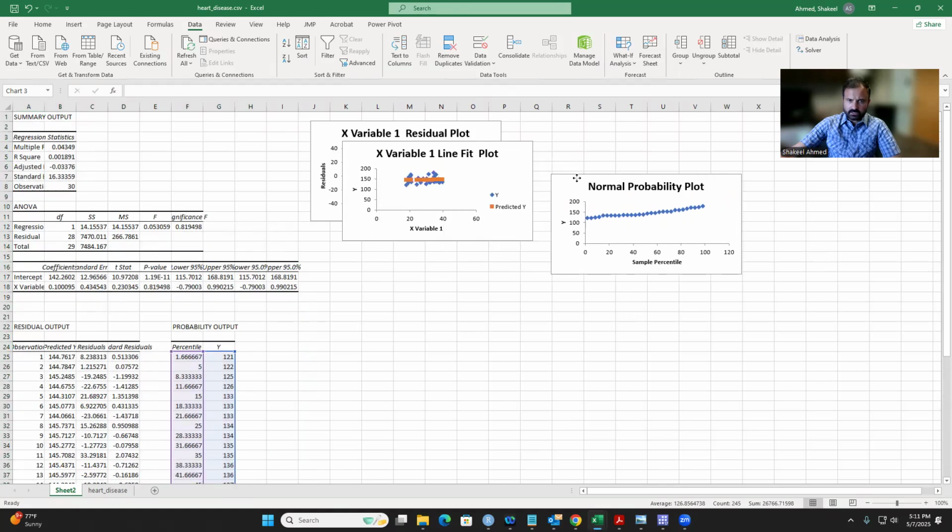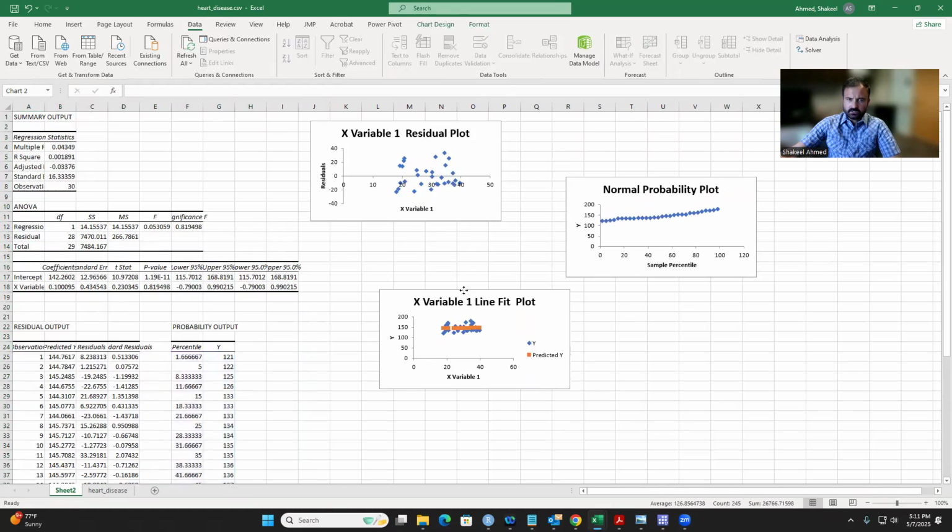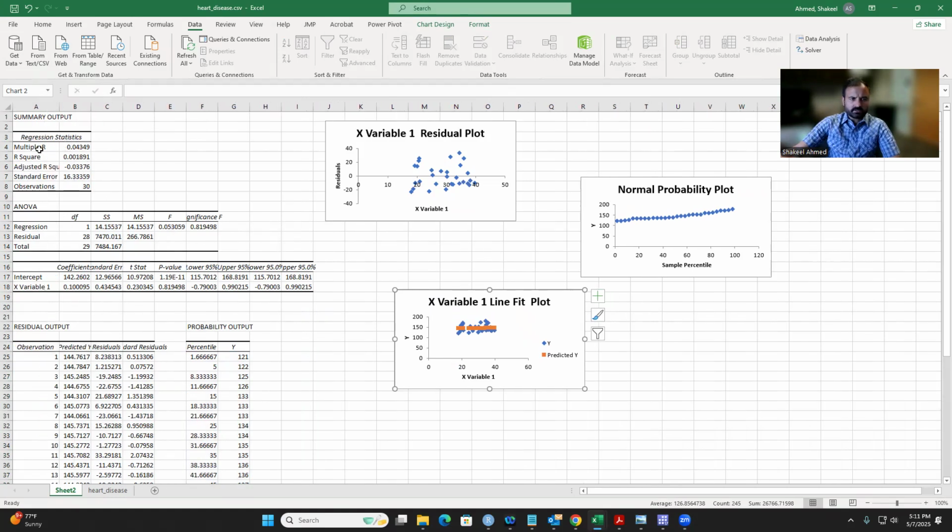So here are the results. We got three plots, and first of all we have the output that consists of multiple R, that is the correlation, and this is the R square. R square is very low, it means the model is performing poorly. And this is the adjusted R square, that is negative.